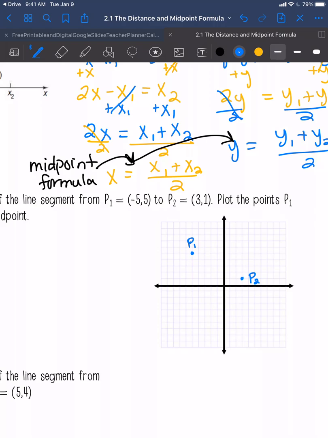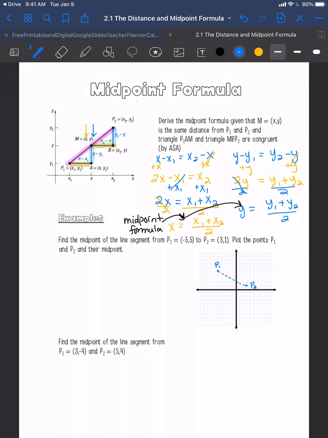And we need to find the midpoint of that segment. So the x-coordinate will be the average of the x's. So negative 5 plus 3 divided by 2. That's negative 2 divided by 2, which is negative 1.